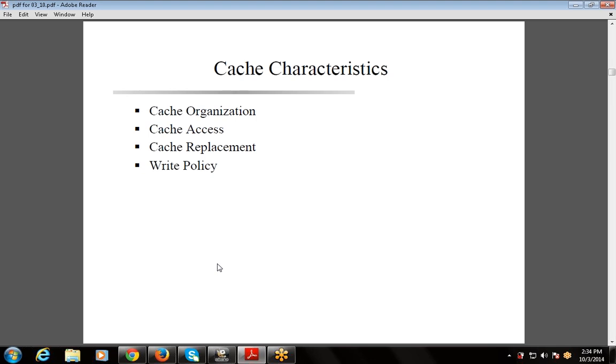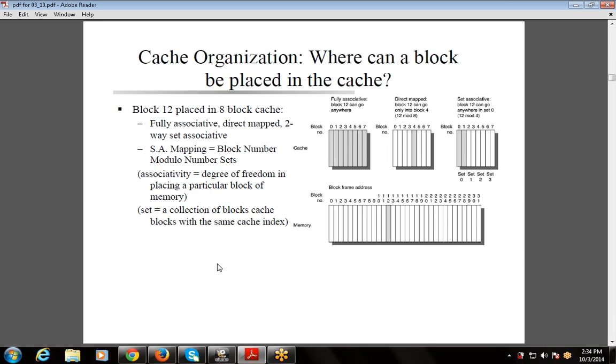Then cache replacement, that is what replacement algorithm is used, like LIFO, LRU, LFU. Then write policy, as I discussed with you: when data is available, there are two concepts, write back and write through, and if data is not available, that is write allocate and no write allocate. Then cache organization, that is where a block of data can be placed in the cache.